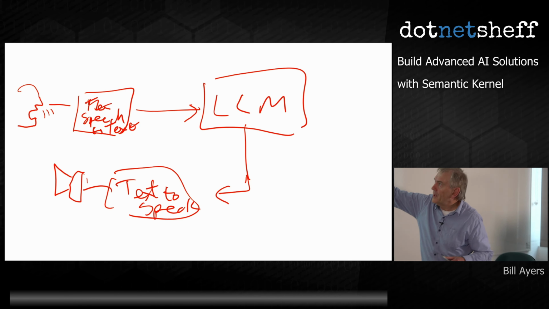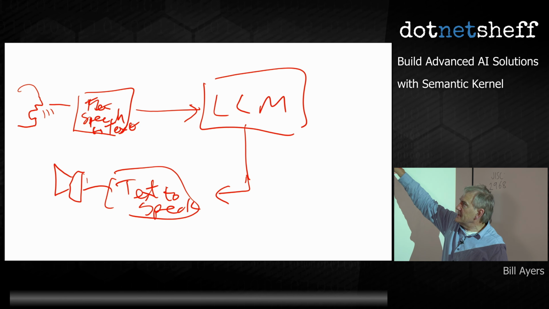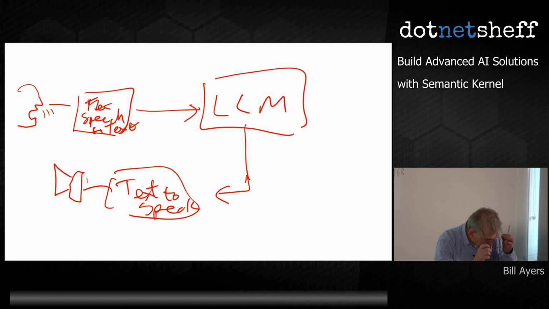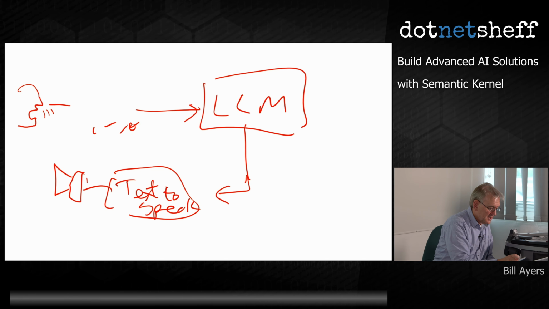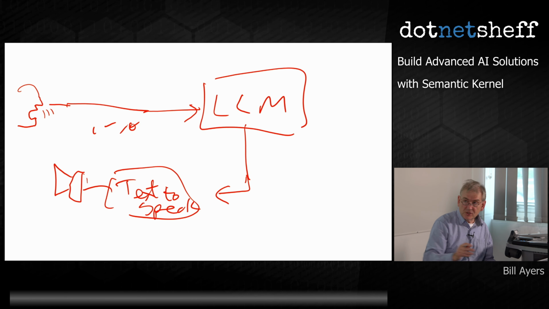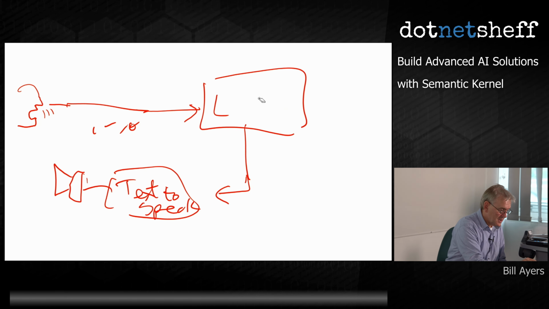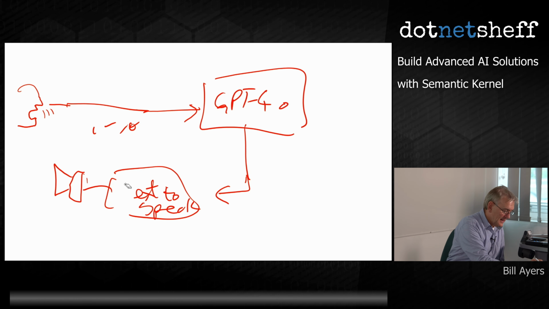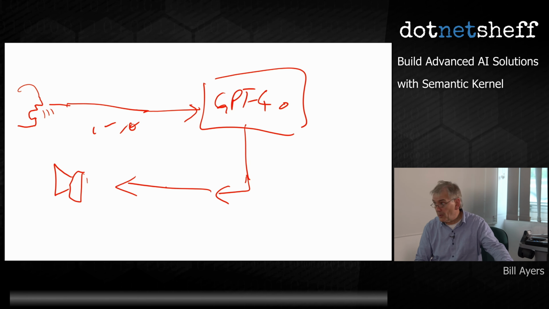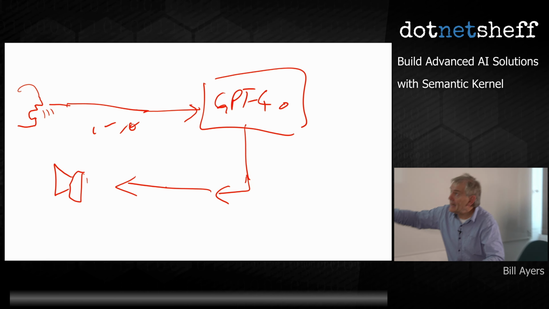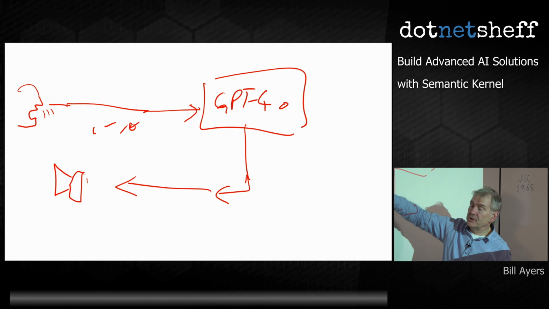So all the large language model gets is the text, but in GPT-4o, the audio goes straight into GPT-4o, and then it also generates the speech response. So it's getting more information than just the text.